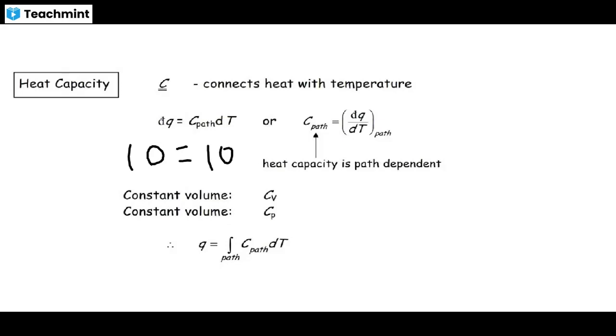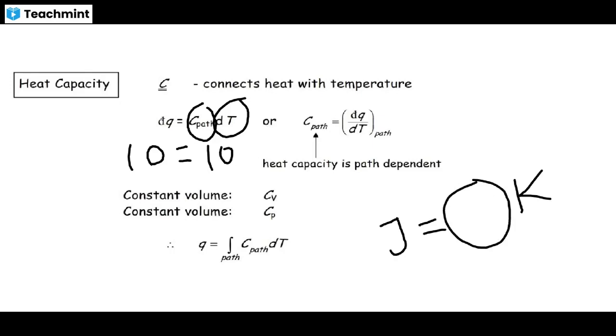If you don't know the unit, take the equation. Here you know heat is energy, equal to joules, and dT, the temperature difference, is in kelvin. So what is the unit of the heat capacity? Simply joules per kelvin. Kelvin and kelvin cancel, joules remain.